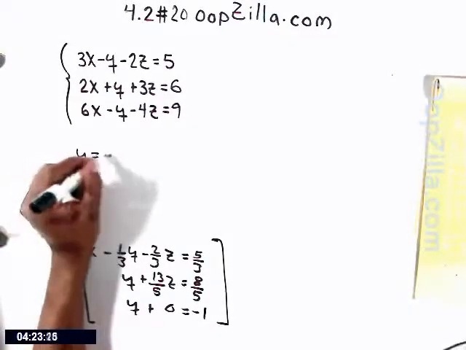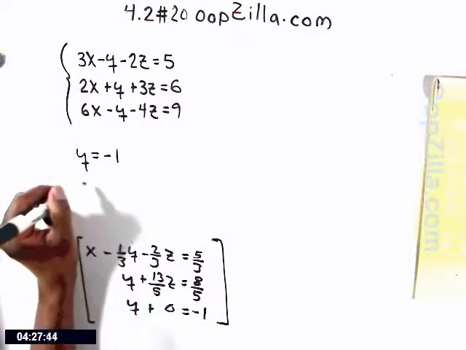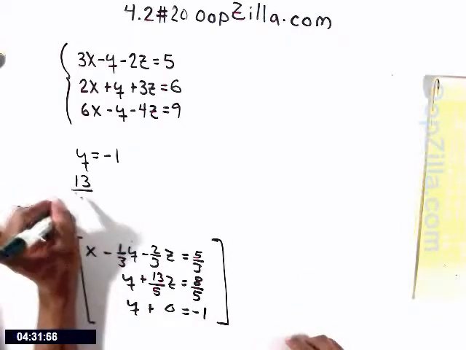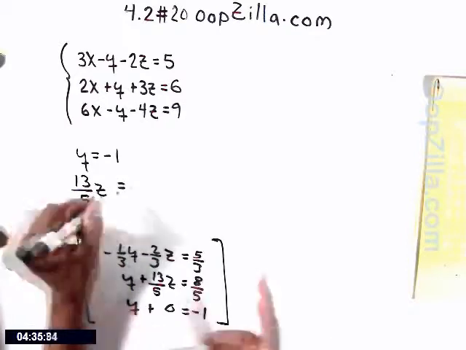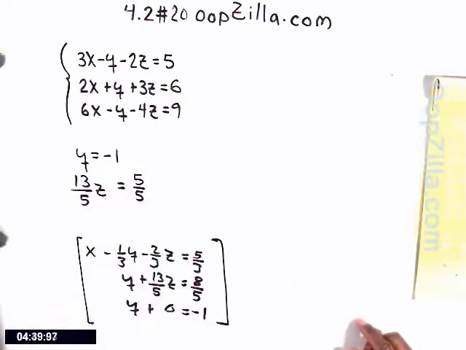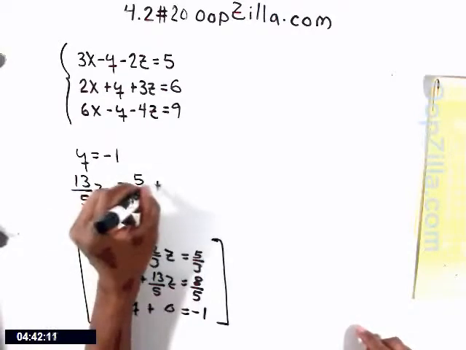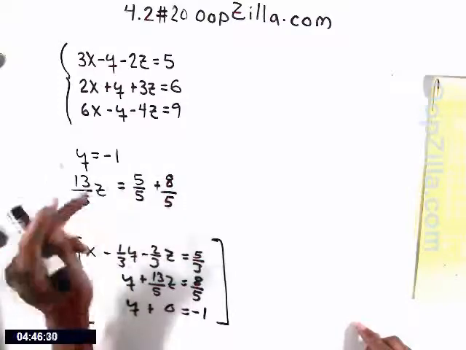Y equals negative 1. Now if I know y is equal to negative 1, I can take this y here and move it across the equal sign and leave this 13/5 z on this side, equals, well, this y is going to be 1, so let's just make it 5/5, plus this 8/5 right here, which is going to give me 13/5.